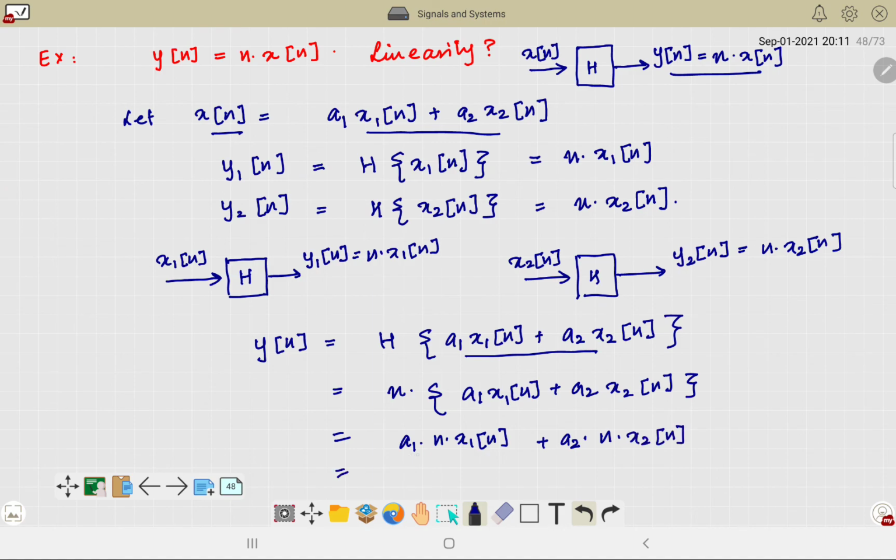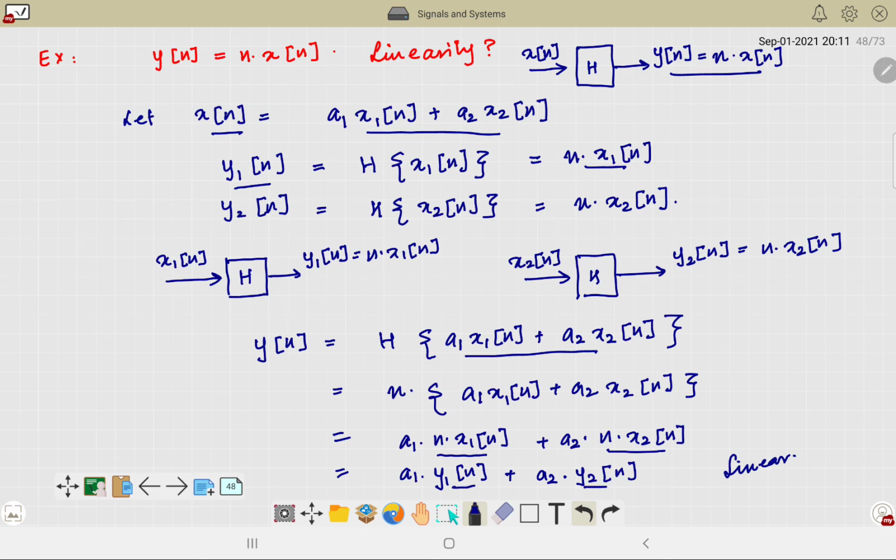So here, n times x1(n) is basically y1(n), and n times x2(n) is y2(n). Hence the system is linear, because the output of this system to a linear combination of the two inputs x1(n) and x2(n) is equivalent to the weighted sum of the outputs taken individually.